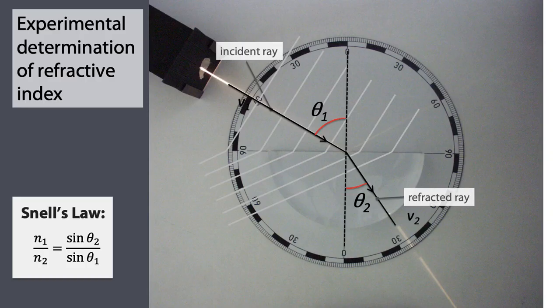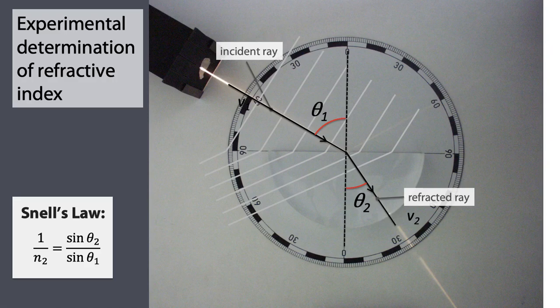Experimentally, we can determine the refractive index quite simply. We use a prism. We've used a semicircular prism in this case because it just makes life easier, because you only have to worry about refraction at one boundary, not at two, because when it leaves the prism, it's travelling already at 90 degrees relative to the boundary, and therefore carries on moving straight.